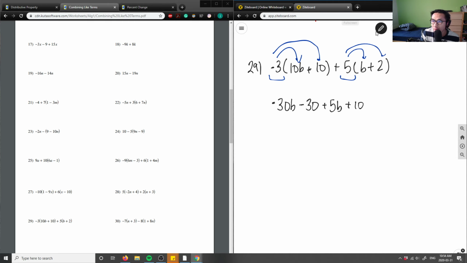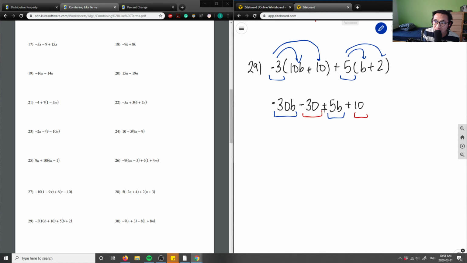So we have these 4 terms. Let's work with the variables first. The negative 30b is my first term, so this is a variable. This 5b is also a variable. Negative 30 and positive 10 are my constants here. And now what we can do is gather like terms.